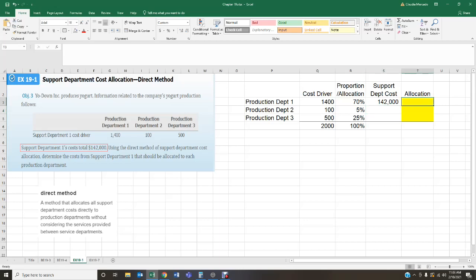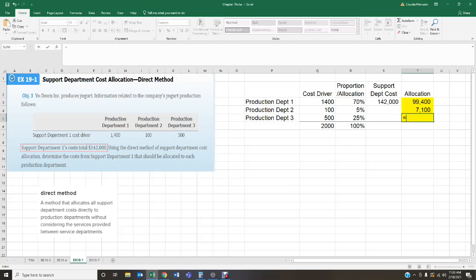So what I'm going to do is get my support department cost times my allocation percentage. And that's going to give me a number. Okay. I'm going to do the same thing for production 2. I'm going to get my support department cost times my allocation percentage. And then I'm going to do step number 3.